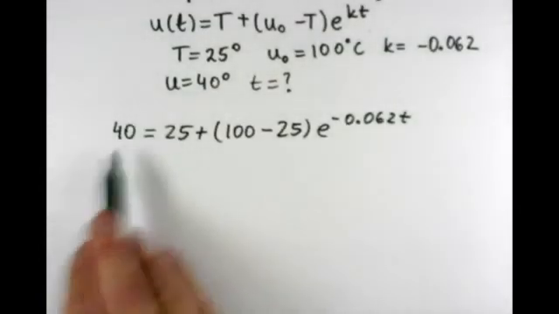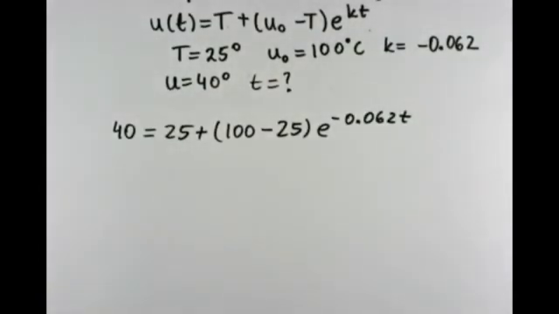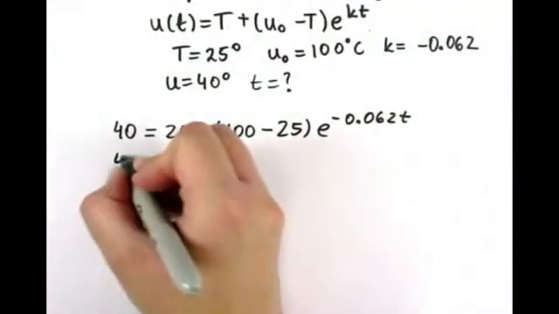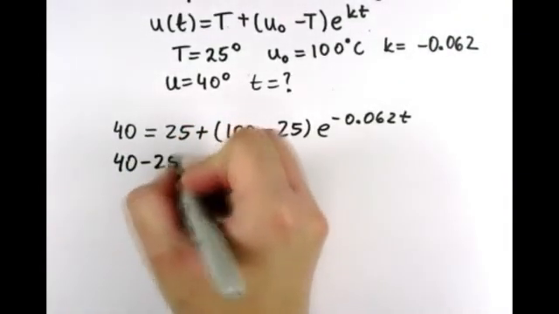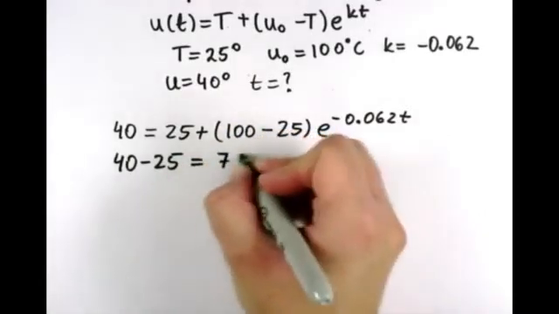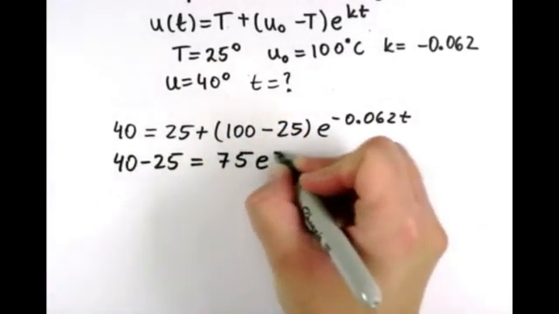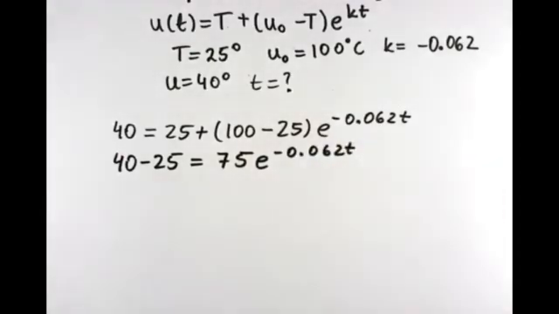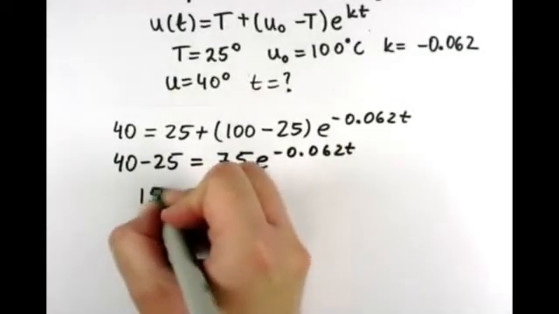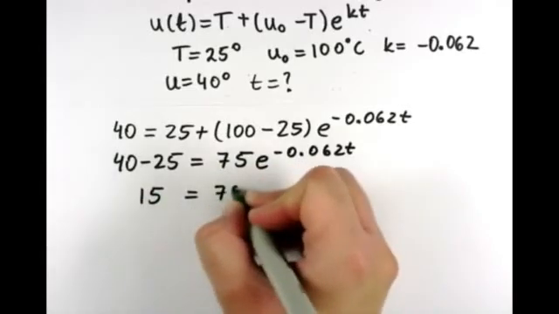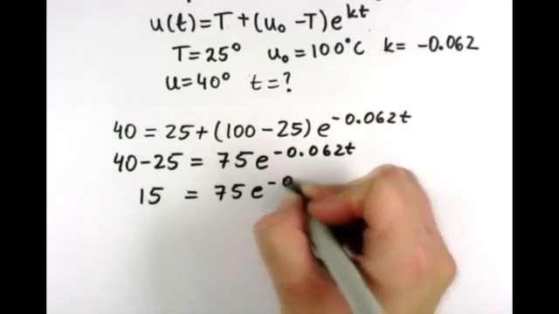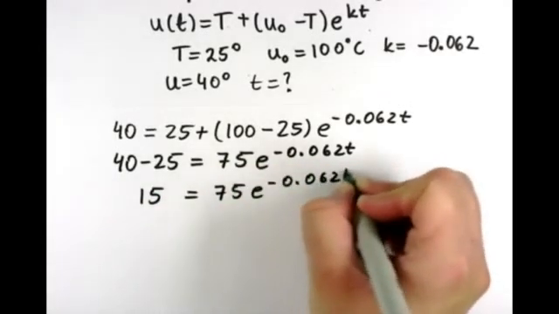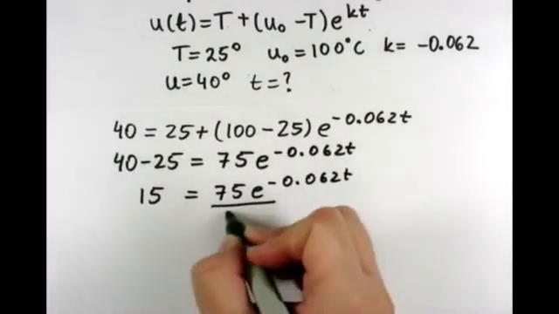So this we will bring over, and 40 minus 25 is equal to 75 e to the power minus 0.062t. So 40 minus 25 is 15, 75 e to minus 0.062t, divide by 75.